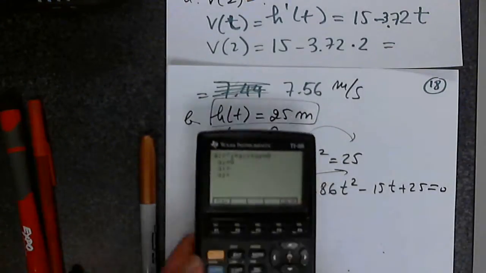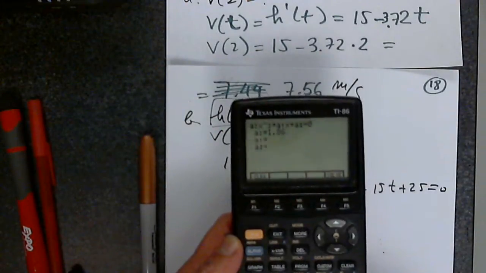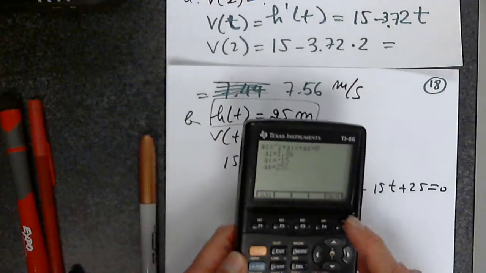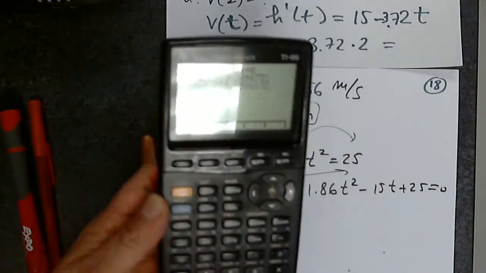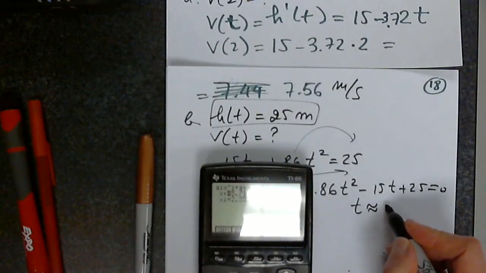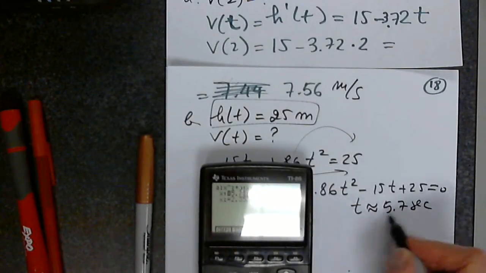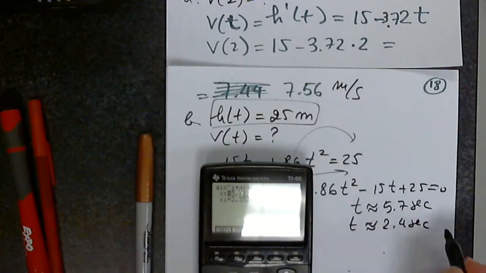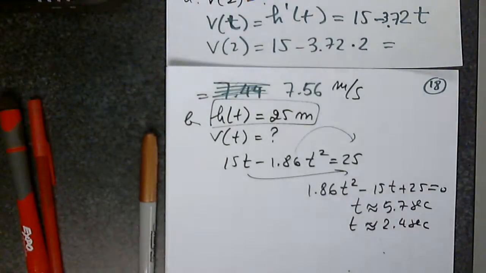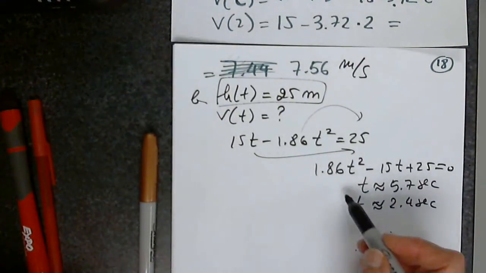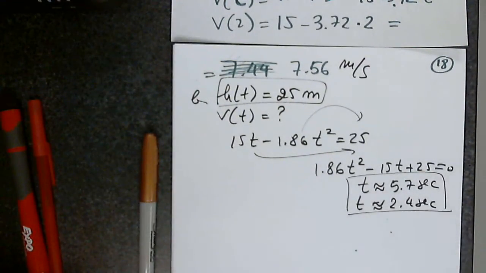The coefficients are 1.86, the next one is negative 15, and the last one is 25. I click on solve, and here's what I got. I got t approximately 5.7 seconds, and the other t approximately 2.4 seconds.